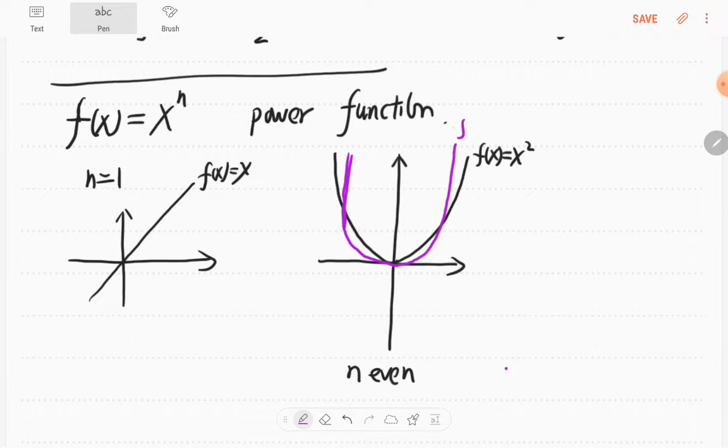This is f of x equals x to the 4th. So from the graph, you can see the greater n is, the flatter near the origin. So near the origin, it's much flatter, right?